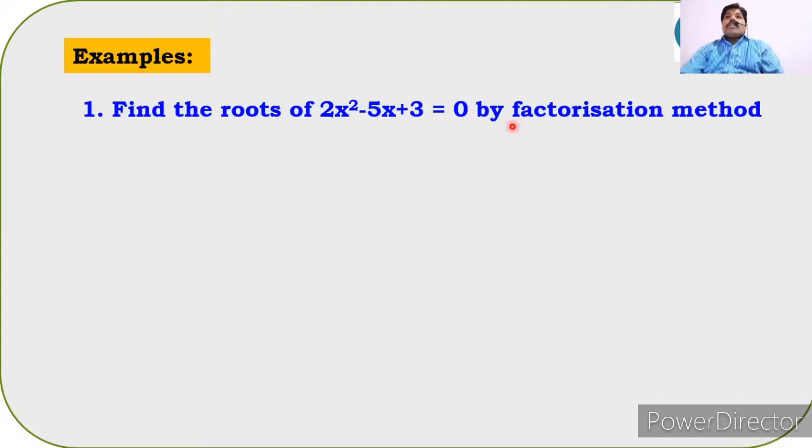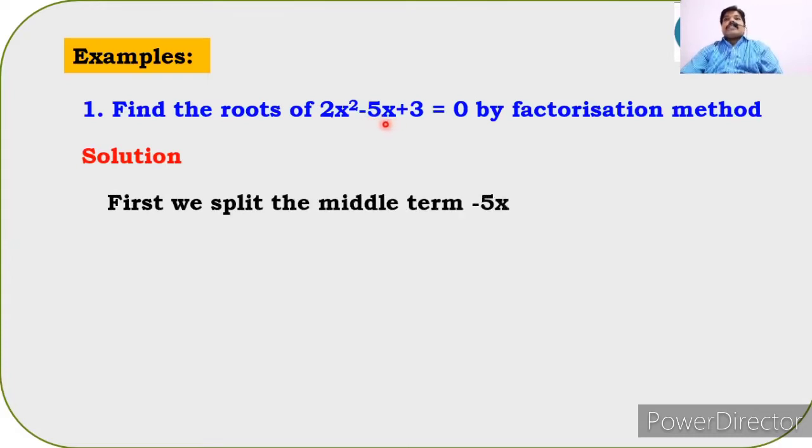If you want to use the factorization method, first you have to split the middle term. What is the middle term in this equation? It is minus 5x. How to split? I will split the minus 5x as minus 2x minus 3x. Sir, why are you taking minus 2x minus 3x?